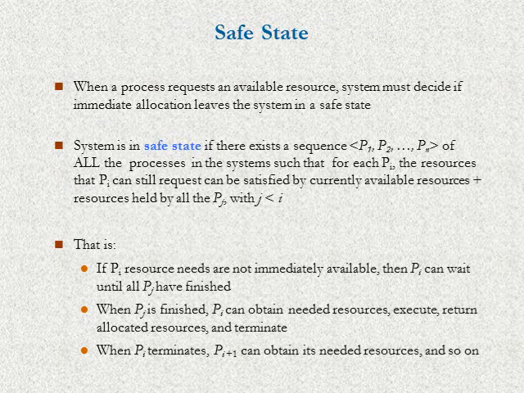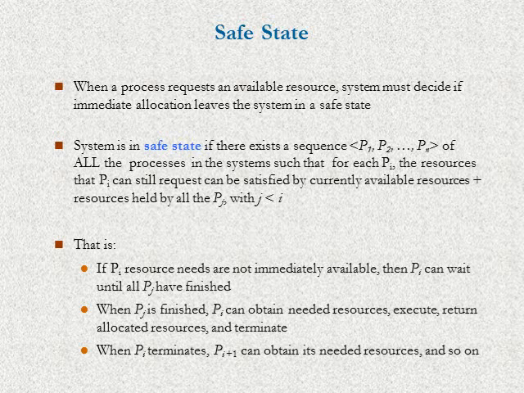So formally, when we say that a system is in the safe state, we say that, given a particular number of resources present in the system, no process can lead the system into a deadlock state. So usually it is defined that if we have n resources and j processes, all of those processes can complete their execution within the n resources that are present in the system at any point in time.